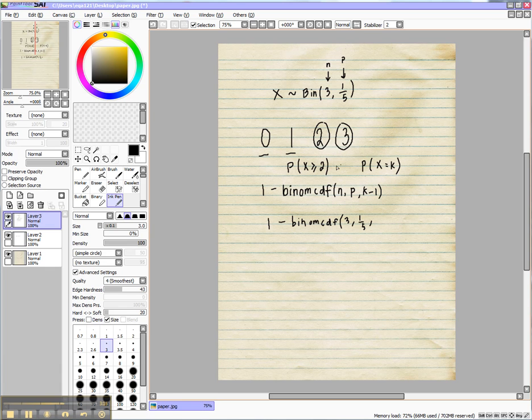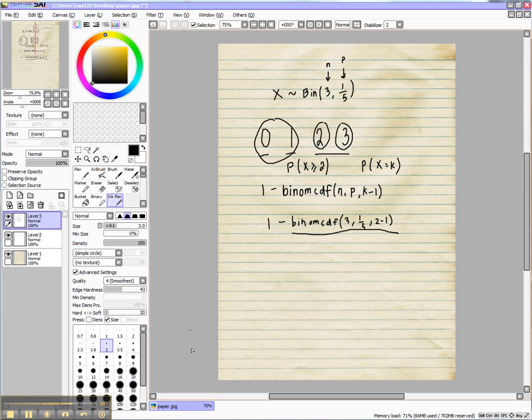So our k, remember, is our x is 2, but our x is equal to k, so 2 minus 1. Again, this second part right here is the probability of this whole thing. So we're subtracting that part so we can get this probability, because that's what we're asked for the question.